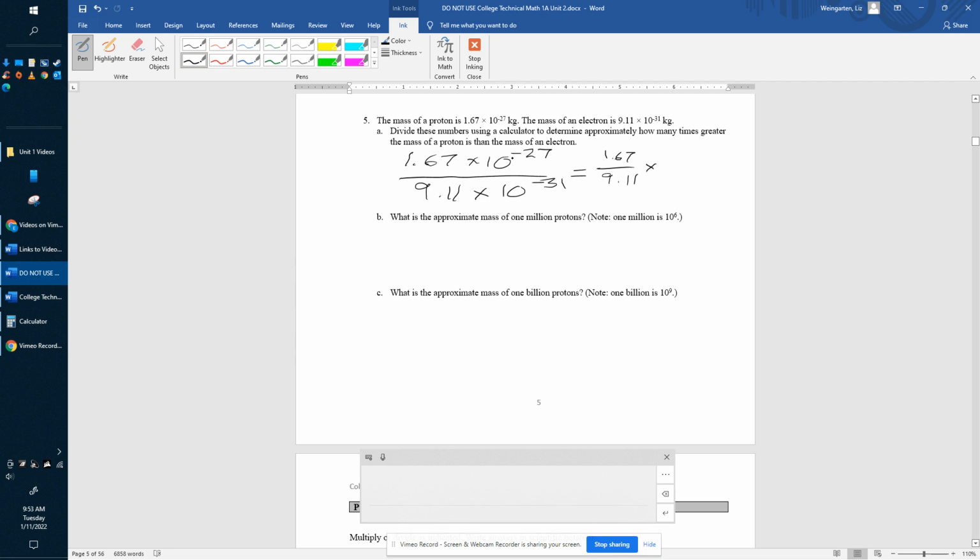So that's the same thing as saying negative 27 plus 31. So that's going to be times 10 to the fourth. So let's multiply 1.67, because that's the same as 10 to the fourth over 1, times 10 to the fourth. We're going to have to move our decimal place 4 times. 1, 2, 3, 4. So we'll have to add 2 zeros after.